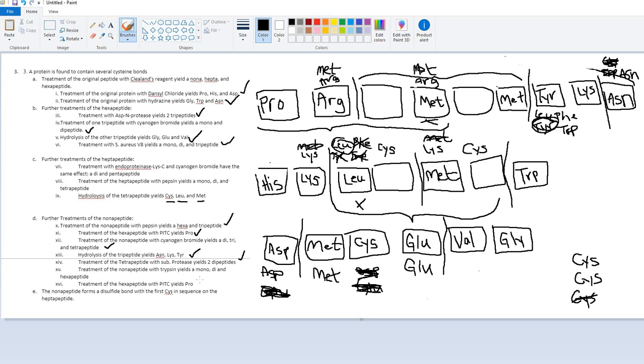Okay, so this next clue says that treatment of the hexapeptide with PITC yields proline. Now the hexapeptide is here, and PITC is an N-terminal identifier, so that means the N-terminal of that hexapeptide is proline. And then we only have one spot left, and we know there's a cysteine in this, so the cysteine has to go here.